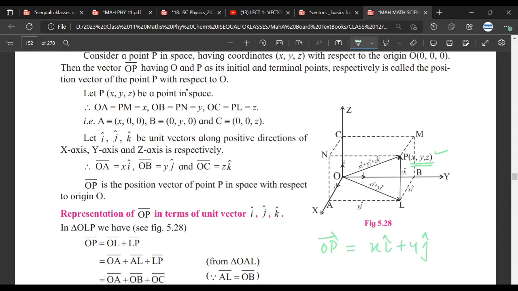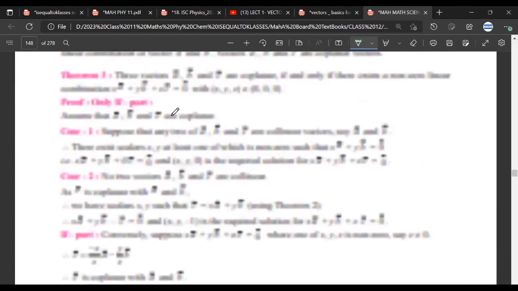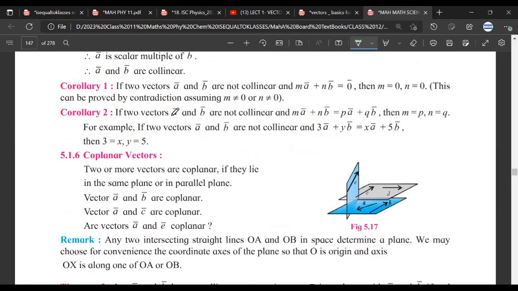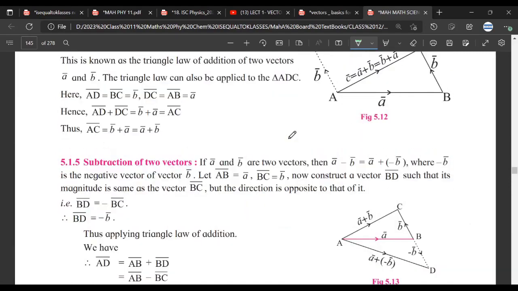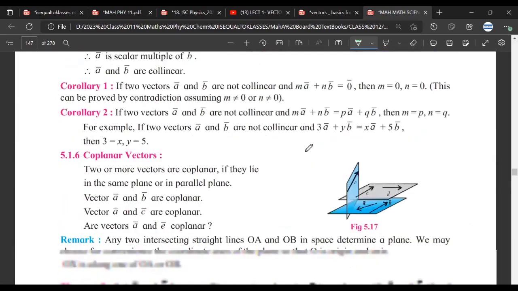Because this is signifying the position of a point. If it is in space, this is how it will look. This vector is in 3D, so that is why there is i, j, k. And if there is some vector which is in a plane, then you will see only i and j. Have we understood what I have said?